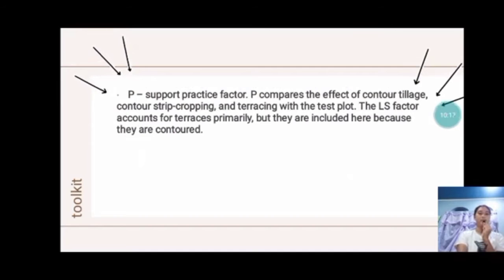And lastly, P stands for support practice factor. P compares the effect of contour tillage, contour strip cropping, and terracing with the test plot. The LS factor accounts for terraces primarily, but they are included here because they are contoured.